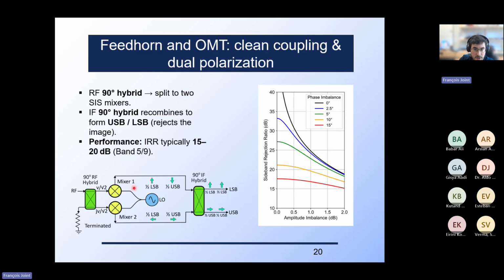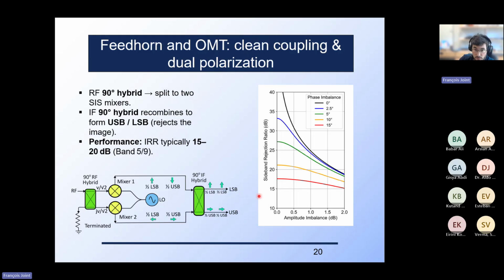The two quadrature signals are fed into two SIS mixers. After the mixing, we have another hybrid, the 90 degree IF hybrid, that recombines the two signals into two outputs to get the upper sideband and the lower sideband. That's how we get sideband separation in a heterodyne receiver.